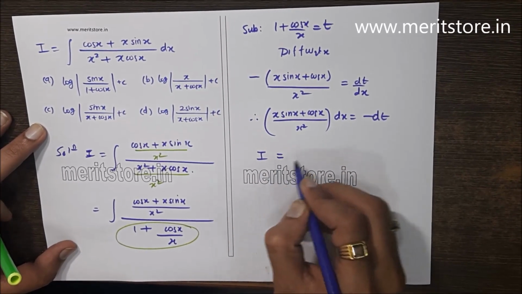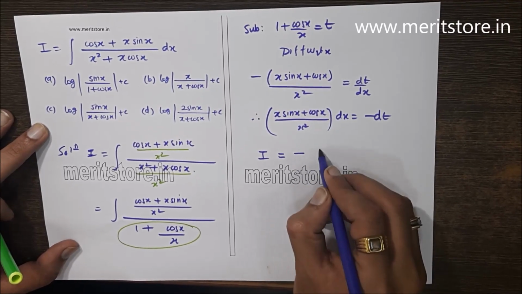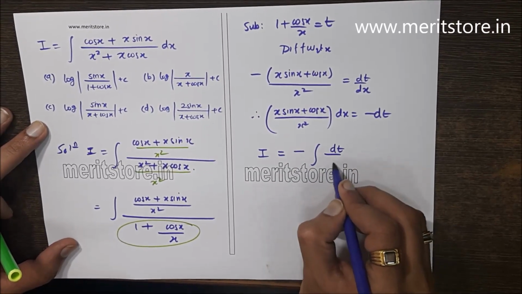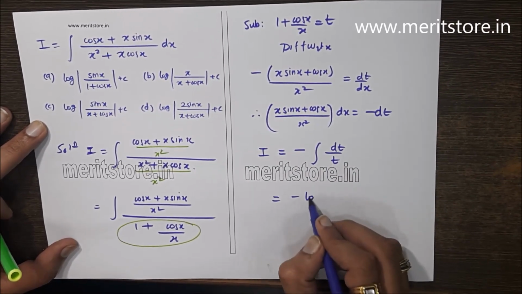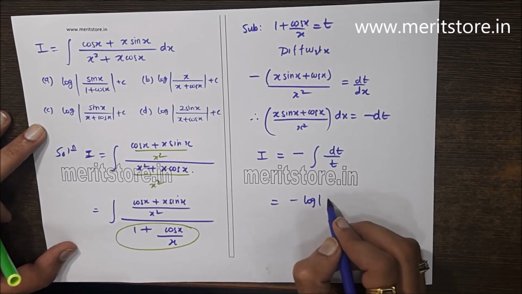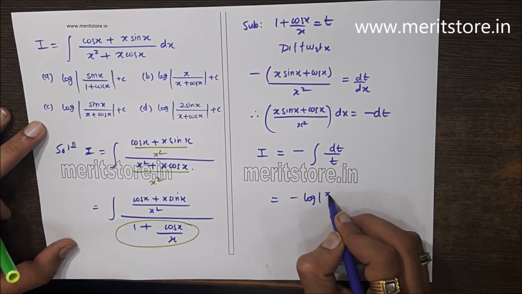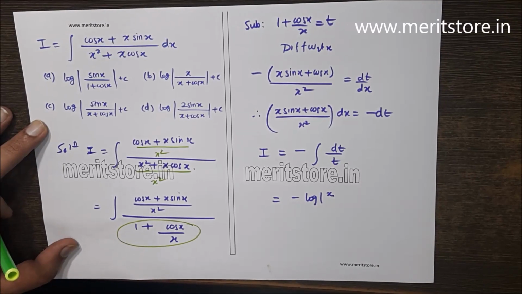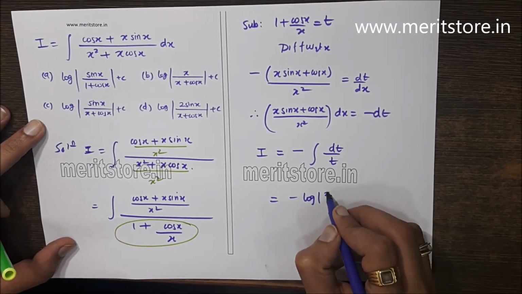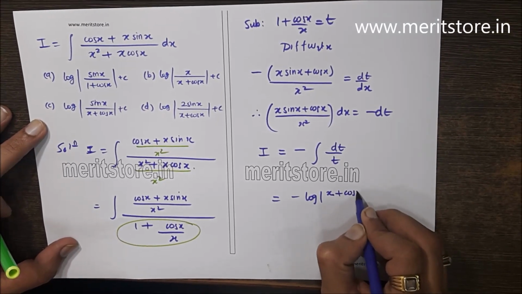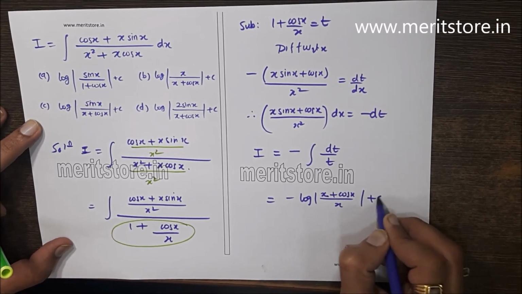The integral will now convert to simply minus the integral of dt upon t, which is equal to minus log mod x plus cos x the whole upon x plus c.